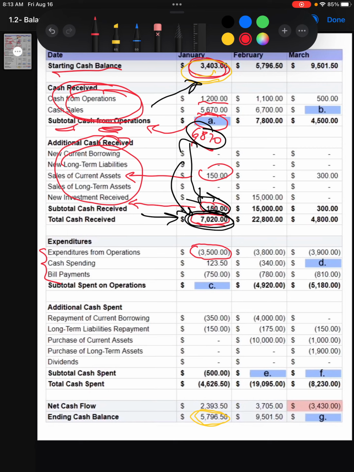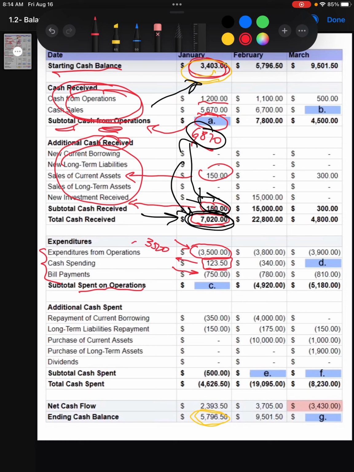There's something in particular with this cash spending. Can you see that it's not in parentheses? So this is going to be interesting because this is money I spent, this is money I spent, but this is somehow money I received.